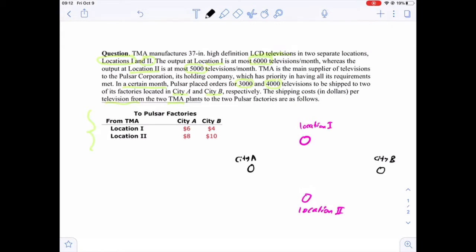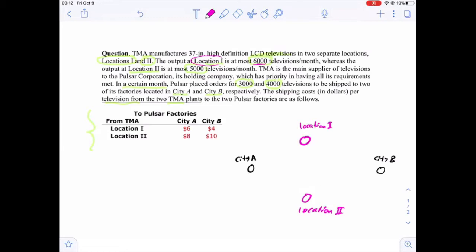Now we have some information given in this problem. We can read here that we have 6,000 TVs per month produced from location 1.